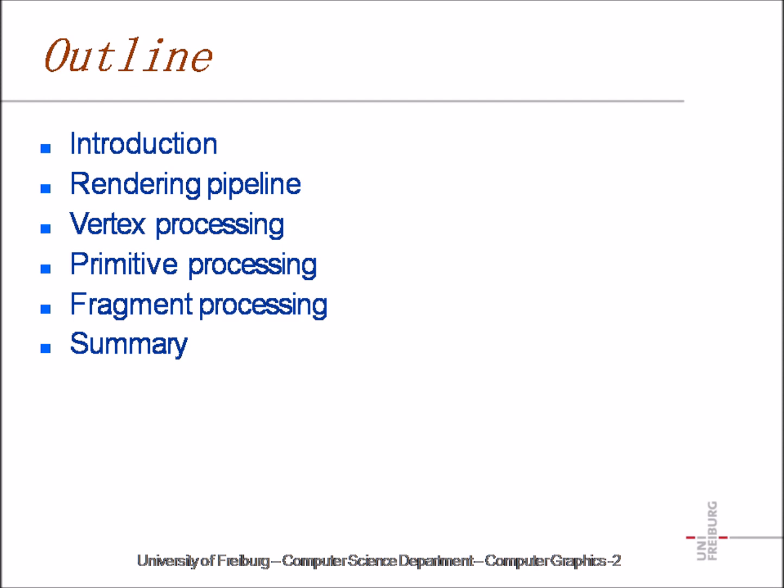This we will discuss in this specific lecture. Number 3 is vertex processing. Number 4, primitive processing. Number 5, fragment processing, and summary. So these are the major areas that we will discuss in coming lectures. Hence, to begin, we will discuss the rendering pipeline in this lecture in detail.